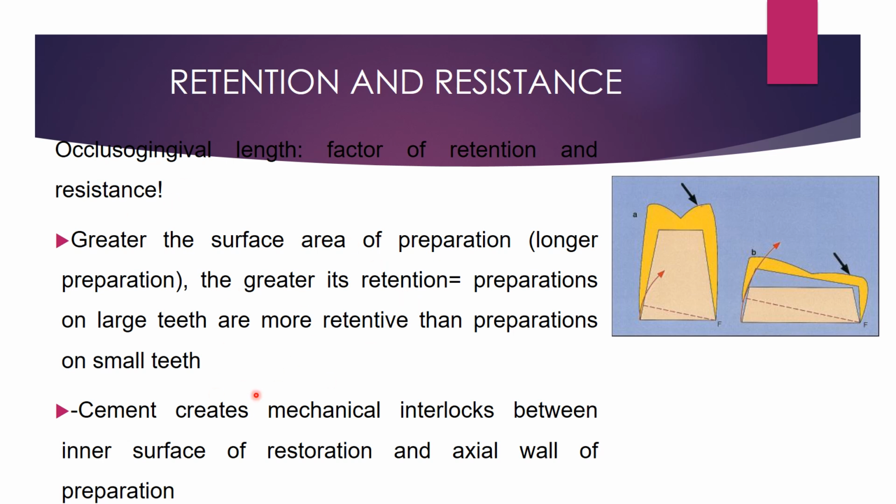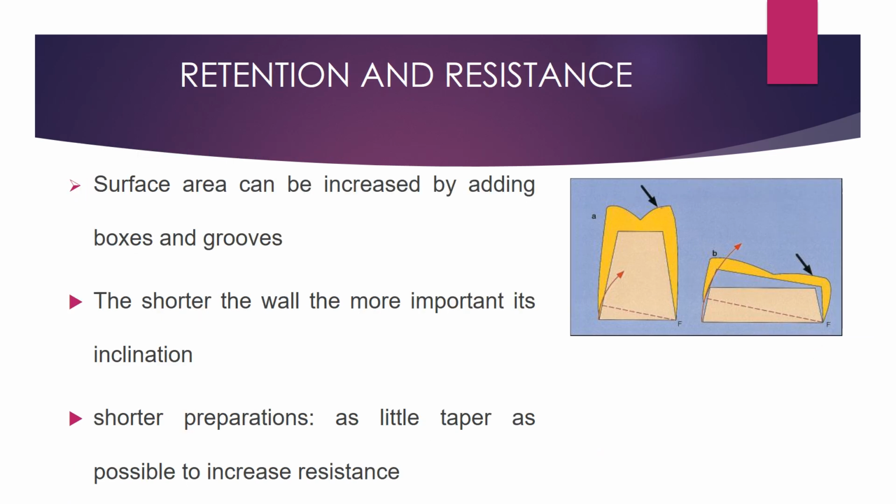So it's just the table which I've just summarized. Cement creates mechanical interlocking between inner surface of the restoration and the axial walls, guys. Okay, right. So surface area can be increased by adding boxes and grooves. The shorter the wall, the more important is its inclination.